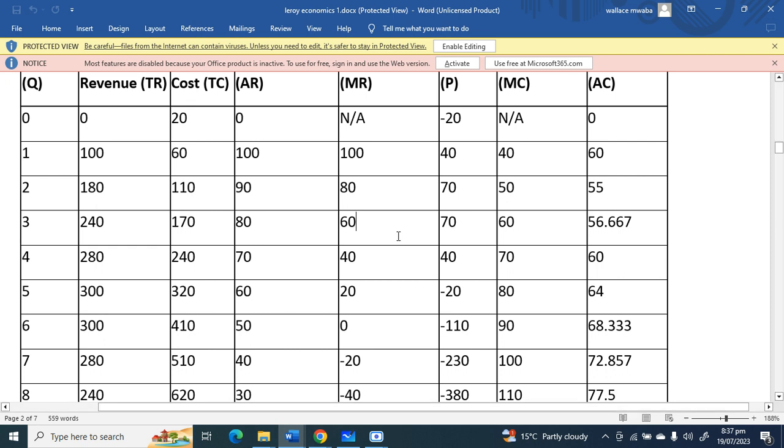So the number of units this firm should produce to maximize its profits is 3 or 2, because with this number of units it will make a profit of 70. Any questions?